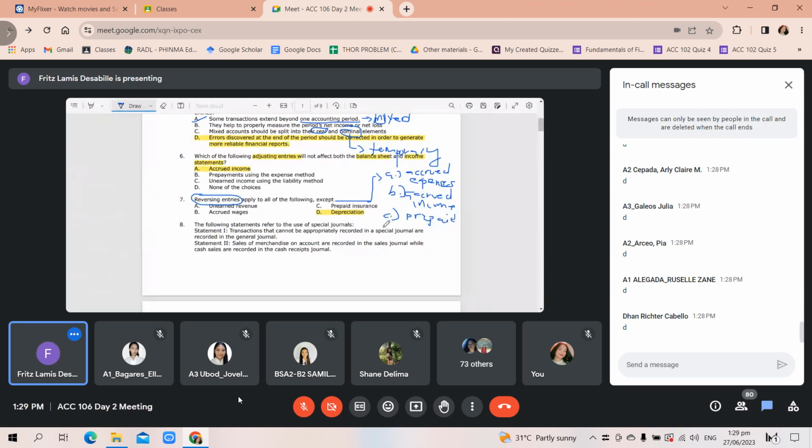Prepaid expenses. There is a qualification for prepaid expenses under expense method only. And letter D, pinaka-last nga gina-reverse na to, deferred income.